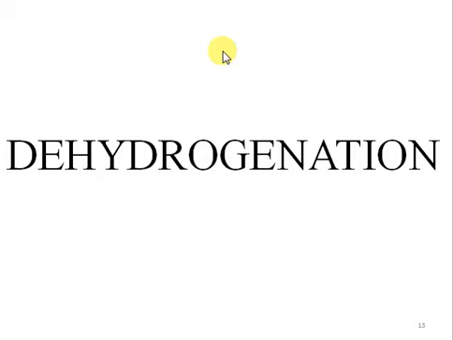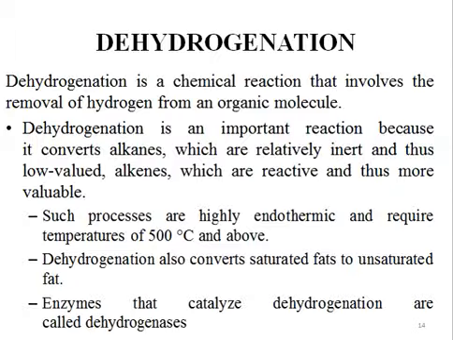So dehydrogenation is actually a type of oxidation reaction, right? Dehydrogenation reactions involve removal of hydrogen from an organic compound. It's an important reaction because by this reaction we can convert alkanes, which are inert and less valued because they are not reactive, into more reactive alkenes, right?